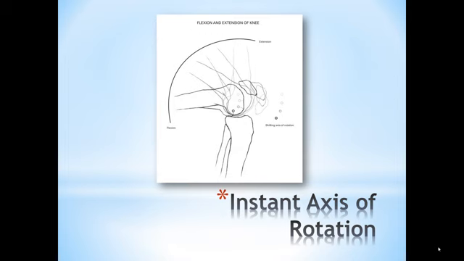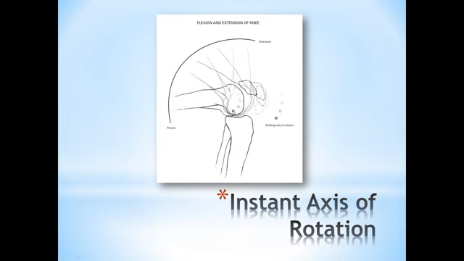And it starts a little bit anterior on the femur and it moves posterior as you go through that flexion range of motion. So we can see that when I'm fully extended, my instant axis of rotation would be here and moves in a semicircular direction as I move through the flexion range.